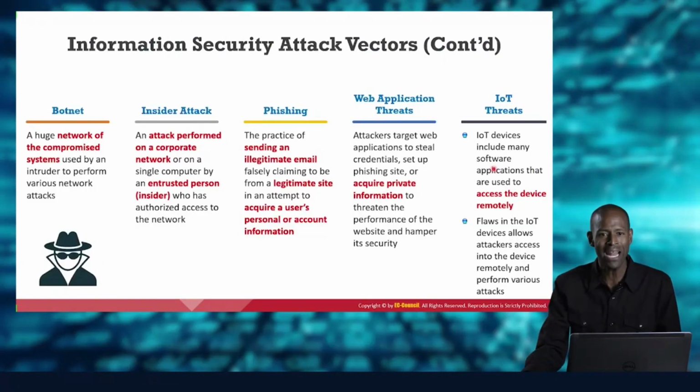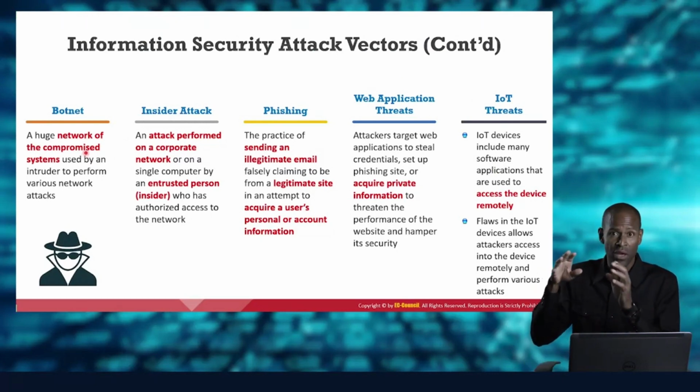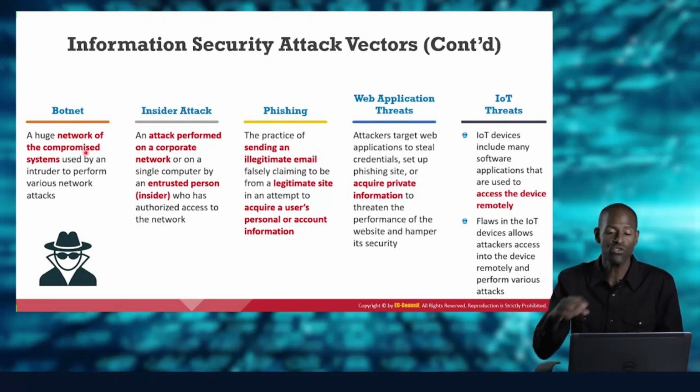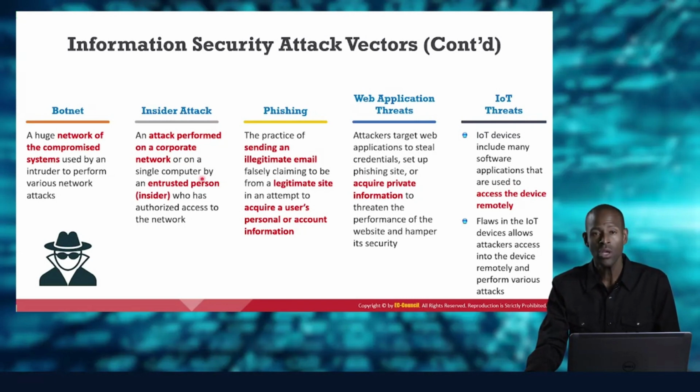Other vectors: botnets, specifically for IoT devices and mobile phones. They can become botnets where they become the source of the attack and they're controlled by a controller. Insider attacks, where somebody who's trusted, who works for the organization, or a consultant, or somebody who's on the inside attacks the network. Phishing, where an email or a text or some other type of communication that looks legitimate and appeals to the person is actually an attack, trying to acquire information.